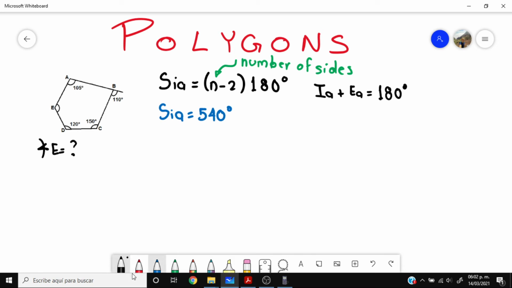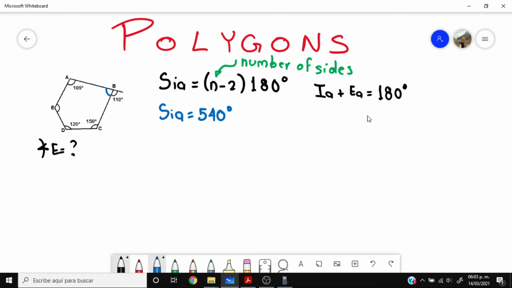From here we have this angle of 110 degrees, so we just need this value over here, and that angle will be the number that we need in order to complete 180 degrees.